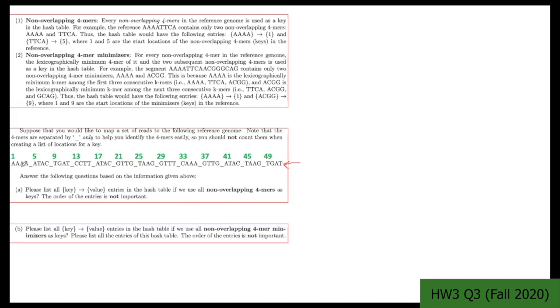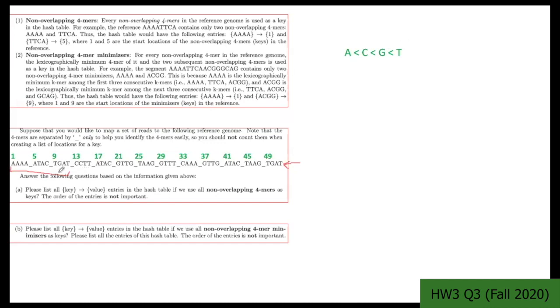So what we need to do, following the method we described, is extract every 3 k-mers that are non-overlapping, and then sort them and pick the lexicographically minimum k-mer and store it in the hash table. So where are the first 3 k-mers? These are the 3 4-mers that are non-overlapping. Okay, now remember that A is less than C, less than G, and G less than T in the alphabetic order.